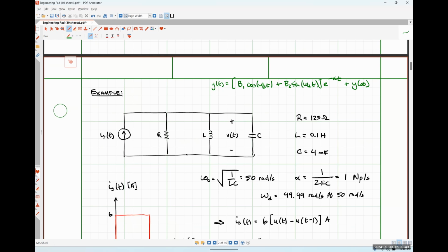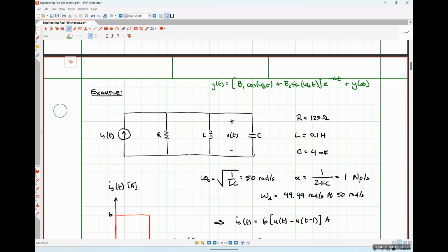This y at infinity thing is 0 in this case because we turn things off. So why do I have an e to the negative alpha t bit, but why don't I have b1 cosine omega dt plus b2 sine omega dt? Well, these are at the exact same frequency, so I could add those together as a single sinusoid if I were so inclined.